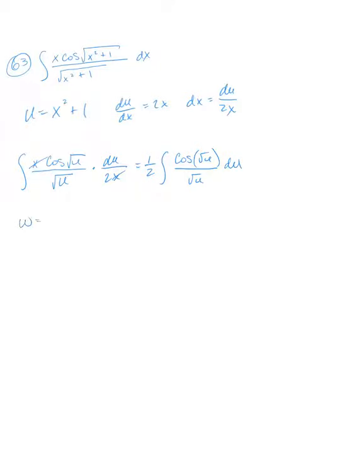I'm going to use w this time. w is going to be the square root of u, which means dw du is 1/2 u to the negative 1/2, which means that du is going to be 2 u to the 1/2 dw.